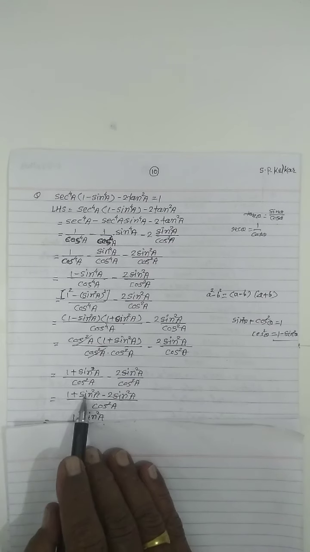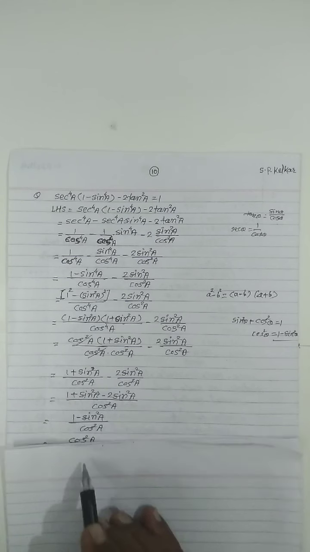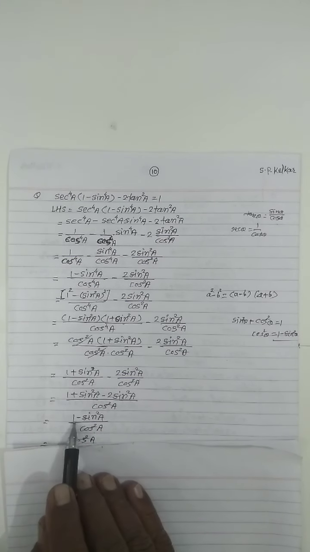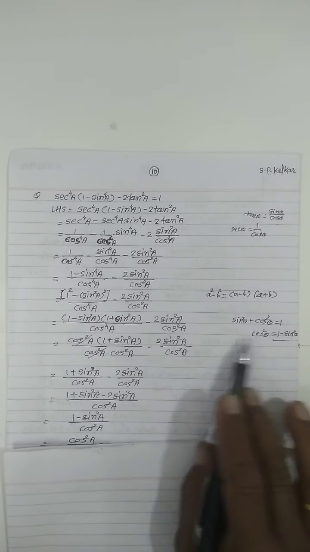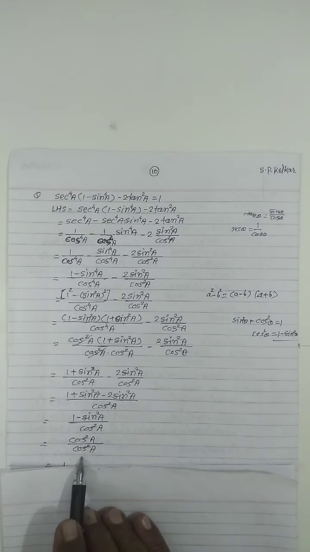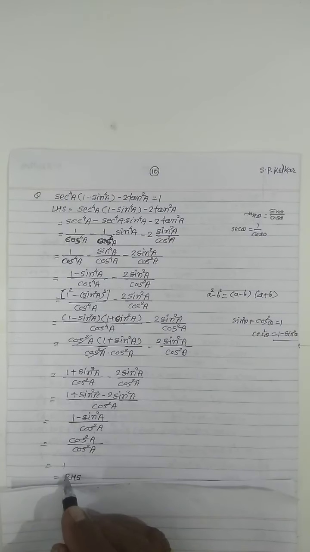Now here sine square a minus 2 sine square a means we get 1 minus sine square a divided by cos square a. Then again 1 minus sine square a is nothing but cos square a. So we write cos square a upon cos square a. These two cos square a cancel, we get 1.